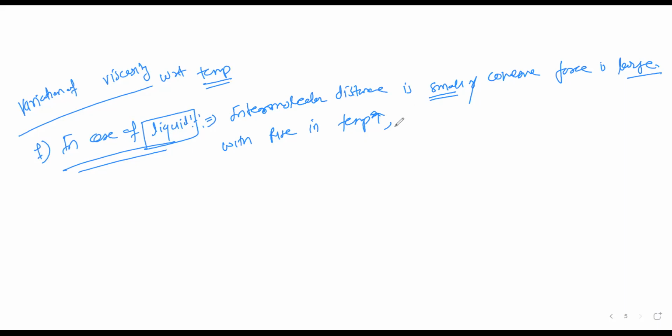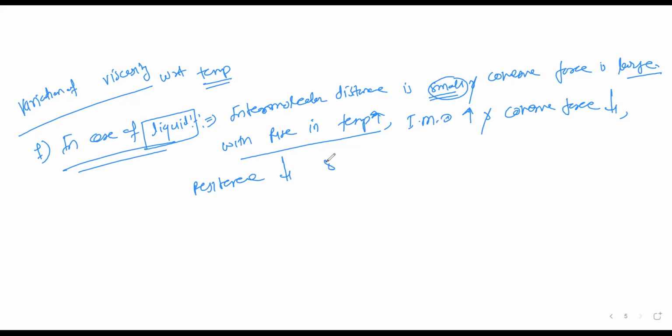So here I can say that the viscosity also decreases. With a rise in temperature, the cohesive force, because the bonds will break in between. So I can say that the intermolecular distance increases, cohesive force decreases, and resistance to the flow also decreases.